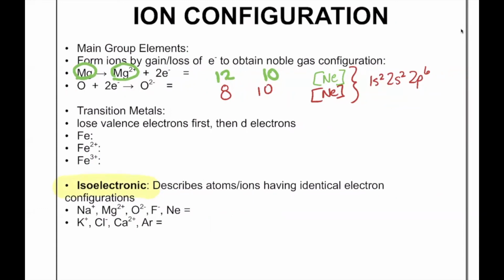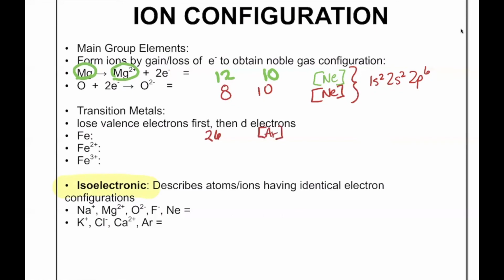So if we just for a second take a look at the transition metals and what happens when we have electron configuration of ions that are in the transition metals, we'll look at iron. If we draw out the electron configuration for iron uncharged, we have an atomic number of 26, and our closest noble gas is going to be argon.